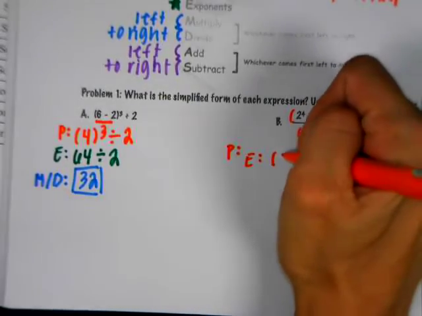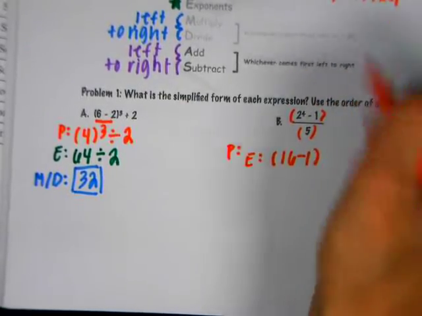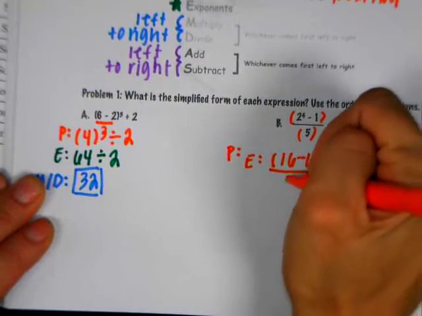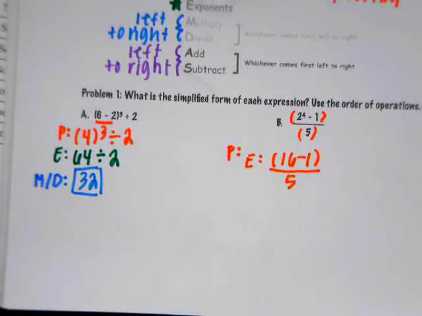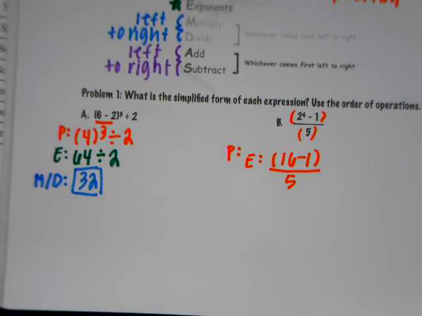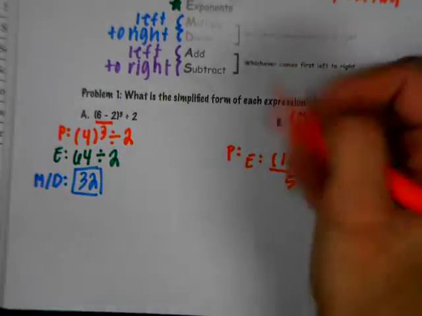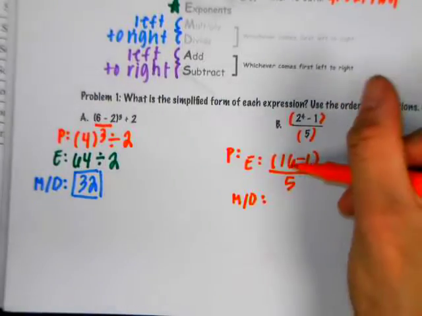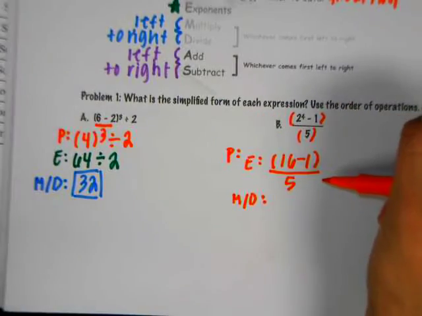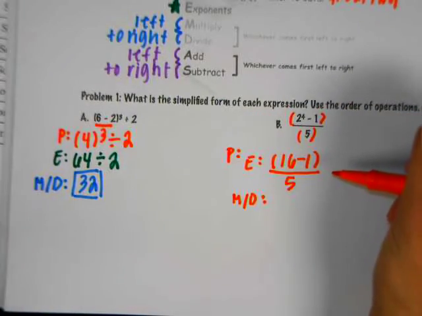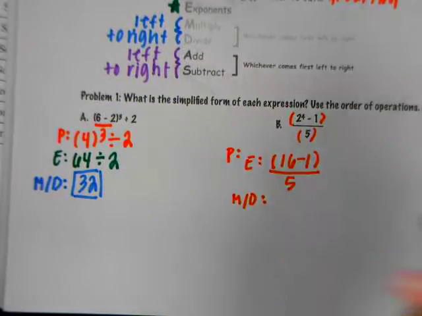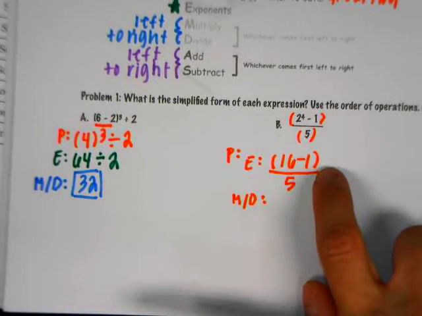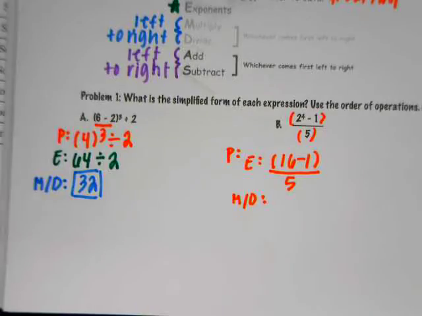So 16 minus 1 up top. And then we would do multiplication and division left to right. Do we have any multiplication or division in the top or the bottom? No, right? We do have division right here. That fraction is division, but we can't touch that yet because we're still in the grouping, okay?